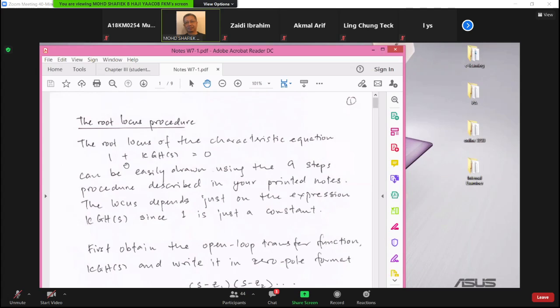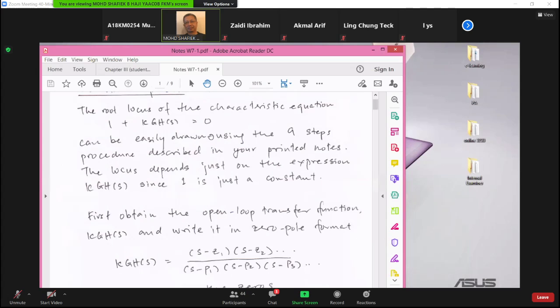We need to clear things up here, the terminology that we are going to use. Okay, so 1 plus kgh is called the characteristic equation. Kgh on its own is known as the open loop transfer function. So when we are drawing the root locus diagram, the root locus diagram that we are going to draw is the root locus diagram of the closed loop system. 1 plus kgh is the characteristic equation of the closed loop system.